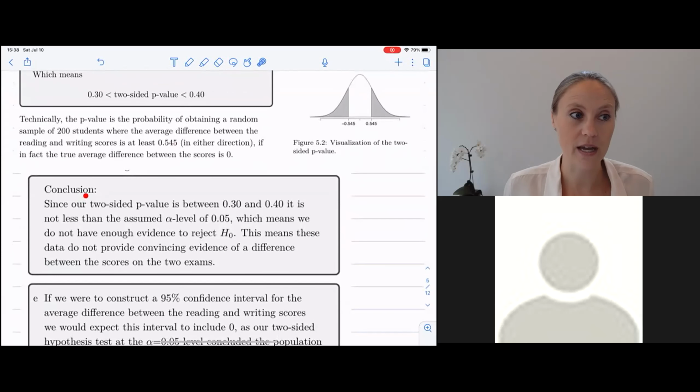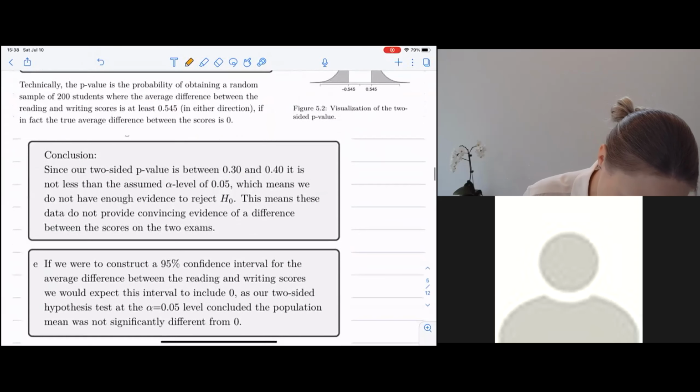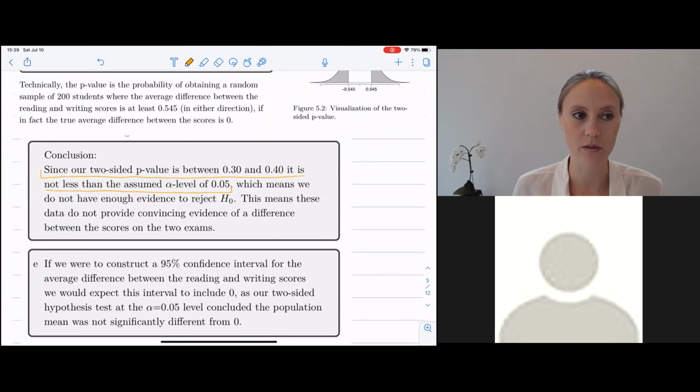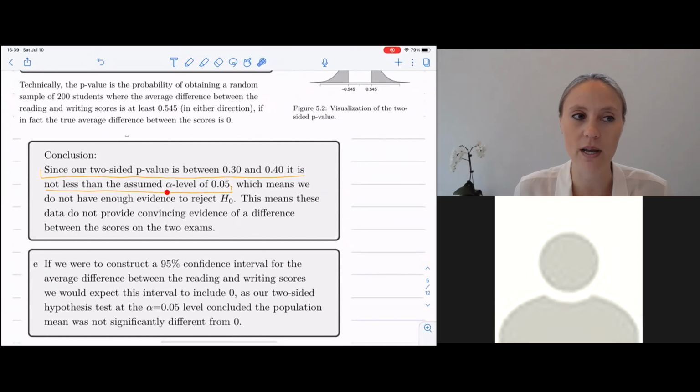So our conclusion then, remember, is 3 parts. I want to highlight those 3 parts. First thing you have to do is compare your p-value to the alpha level. Since our two-sided p-value is between 0.3 and 0.4, it is not less than. If it doesn't tell me what alpha level to use, I'll usually insert something like the assumed alpha level of 0.05, just because I want to emphasize that it wasn't given to me, but this is the assumed one.